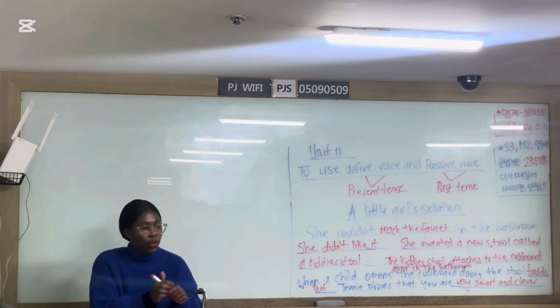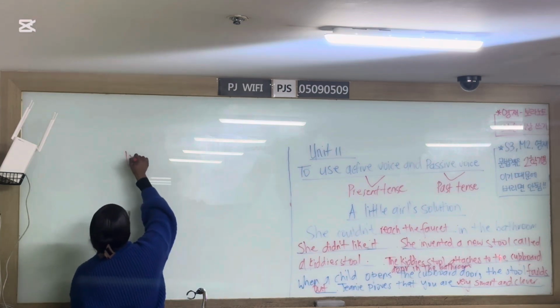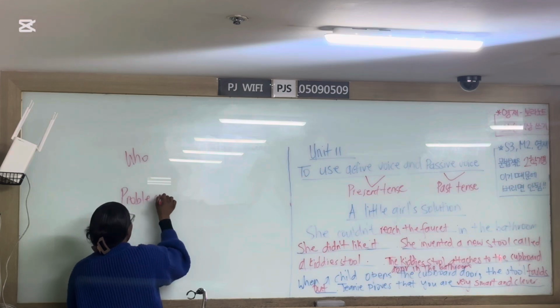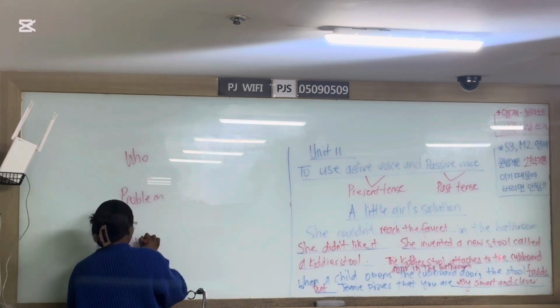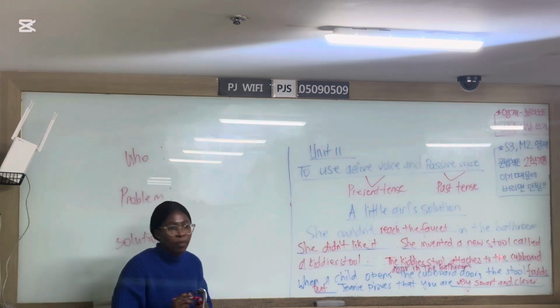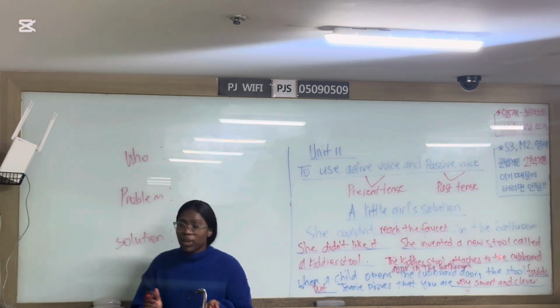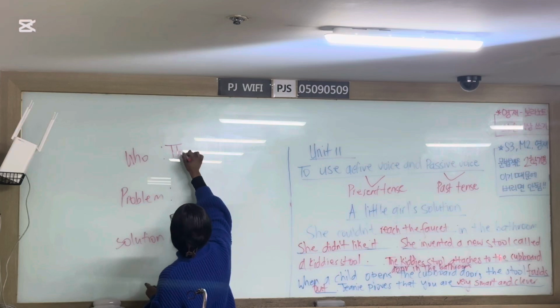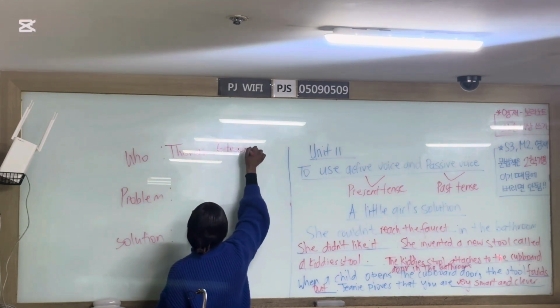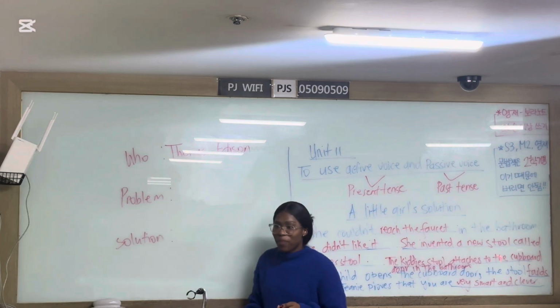Let's make an example together. Who, then we have a problem, then we have a solution. Okay, so who made the light bulb? Good, so who, we can say Thomas Edison. And what was the problem?